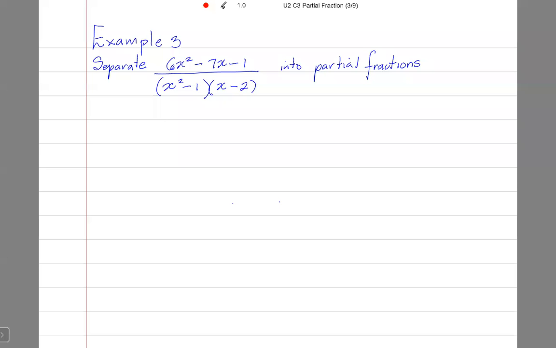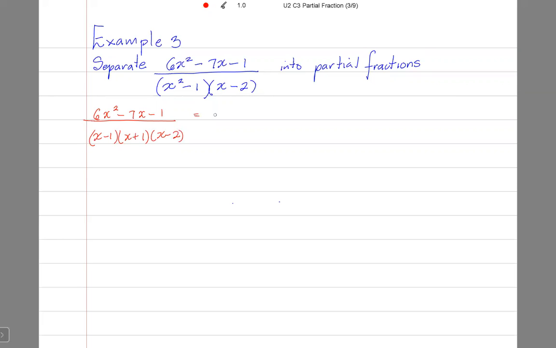Example 3, we should have (6x squared minus 7x minus 1) over (x minus 1)(x plus 1)(x minus 2).